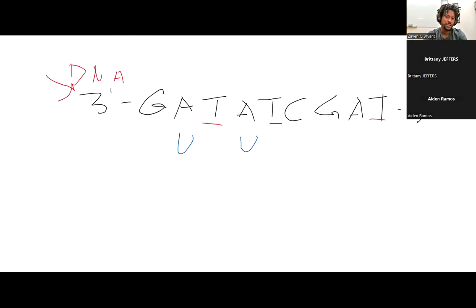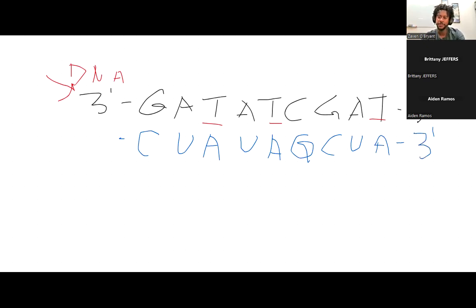And then wherever there's a G, we're going to put a C. T's get A's, C's get G's, and A's get U's. Now, this is complementary. So wherever there's a 5', because we complemented it, we base paired, the other strand has to be the 3' on the right, and that makes this strand over here 5' on the left.